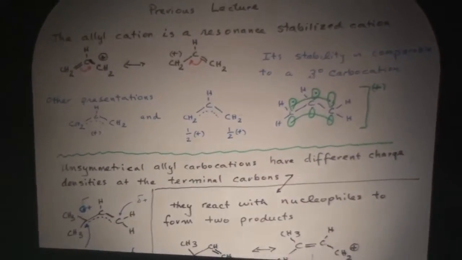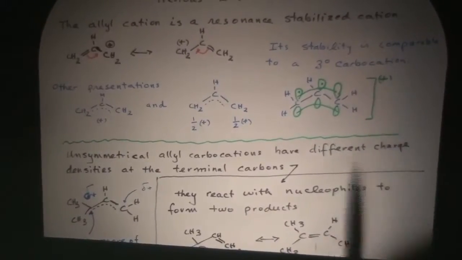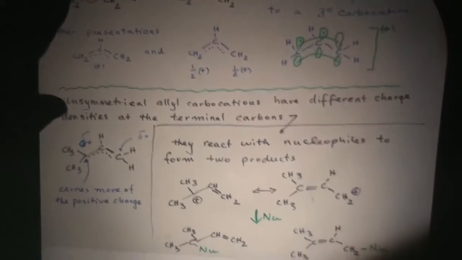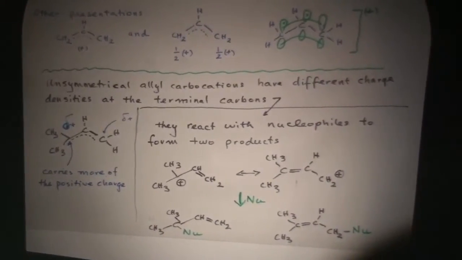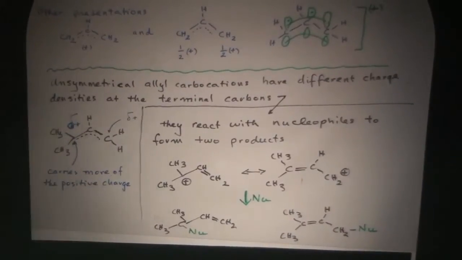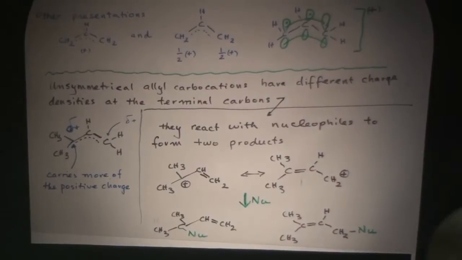Most often, allylic carbocations, especially if they have alkyl groups on them, are actually more stable than tertiary carbocations. But at least you've got to recognize that this is comparable to or better than a tertiary carbocation. So that was the first part, and we went through that last time. And that's a special situation where we have the parent compound, the symmetrical compound, almost invariably.